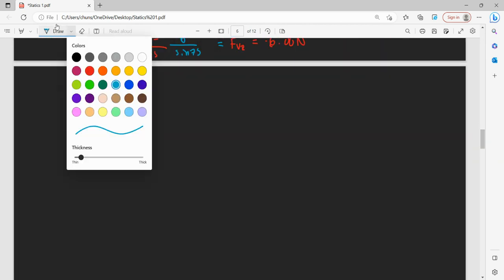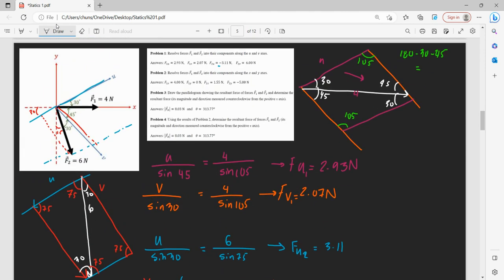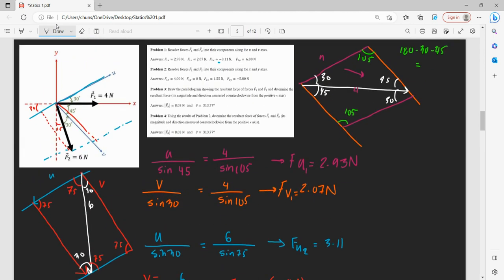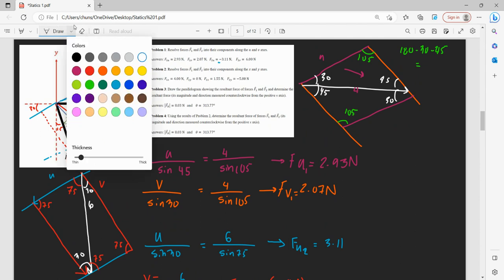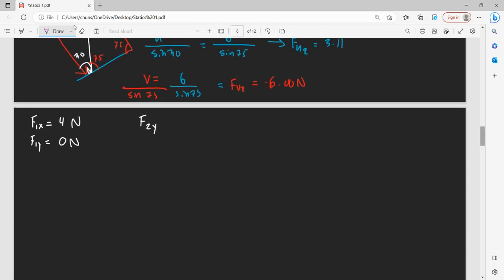So for f1, it's nice and easy because f1 only has an x component, so it's just going to equal that for its x component, and f1y equals 0 newtons. For f2, the angle that it makes with the x-axis is 45 plus 30, which is 75. So let's do that.